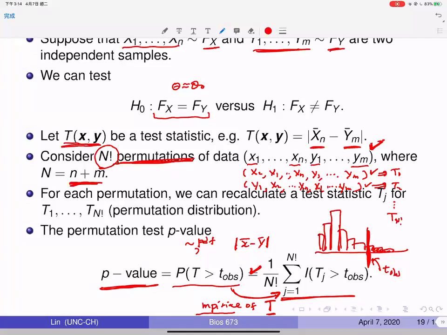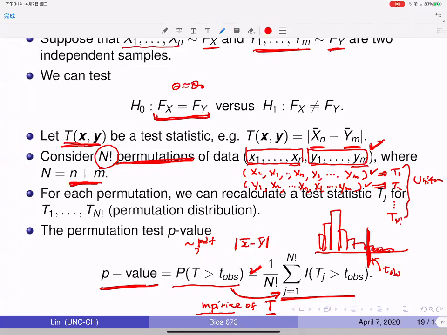One thing is critical: this guy right here is going to follow a uniform distribution. The reason is that under the null hypothesis, X1 to Xn, Y1 to Ym all follow the same distribution.